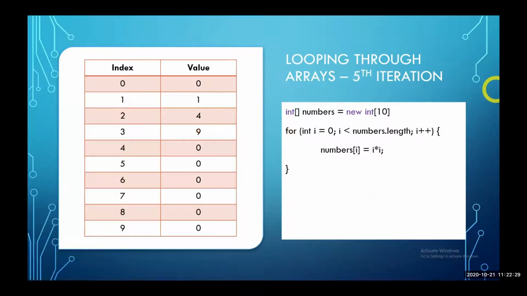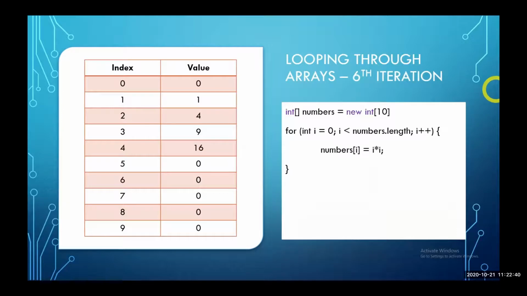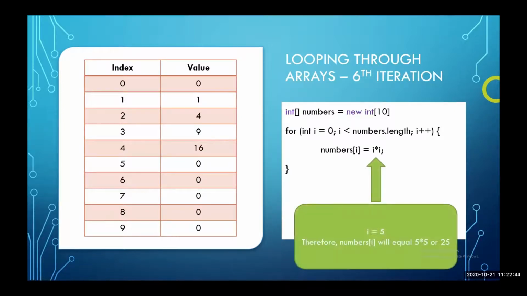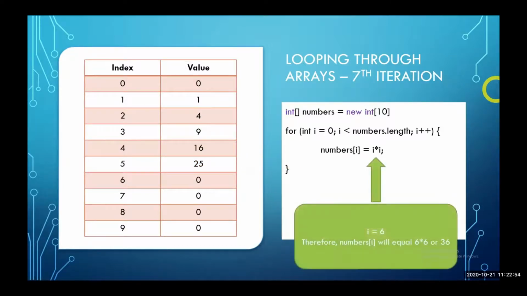We continue, iteration 5, i now equals 4. Numbers at 4 equals 4 times 4, which is 16. Sixth iteration, i now equals 5. Numbers at index 5 will equal 25, or 5 times 5. Seventh iteration, now i equals 6.